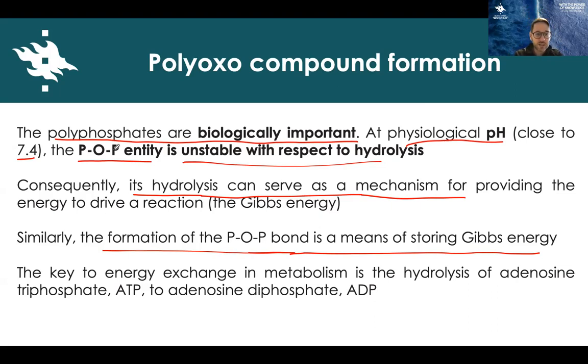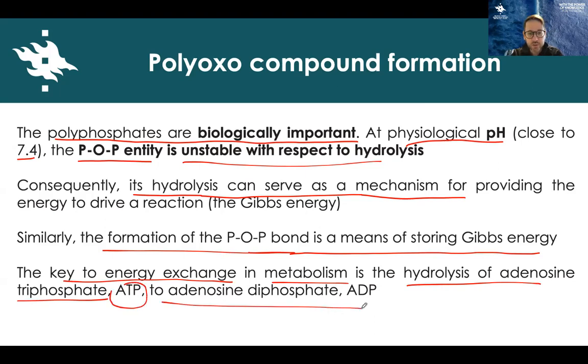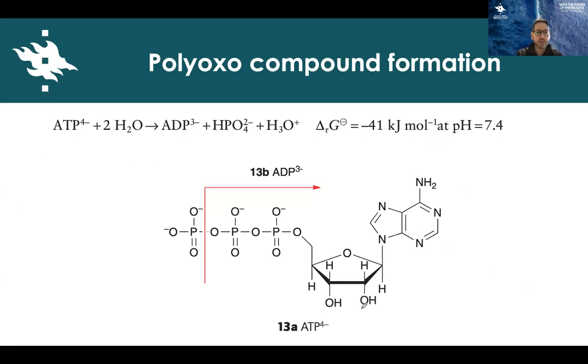And this is exactly what happens in our body, in which the key to energy exchange in metabolism is the hydrolysis of adenosine triphosphate, which is the ATP molecule, to adenosine diphosphate, as shown here in this picture.